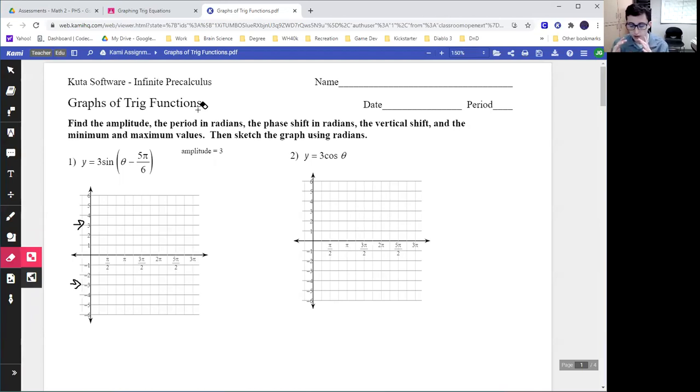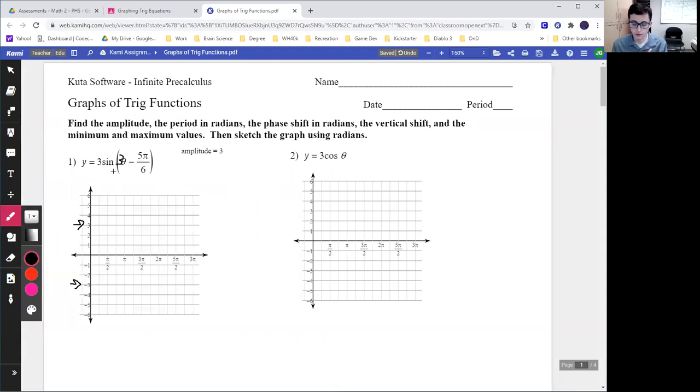Now, the way that we change the period is if we change the speed at which those angles are adjusting. So if we're introducing, for example, 3 theta, that would mean the radians would be going 3 times as quickly.